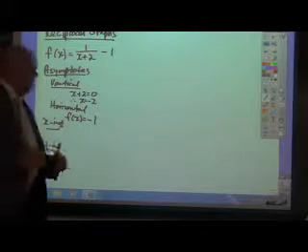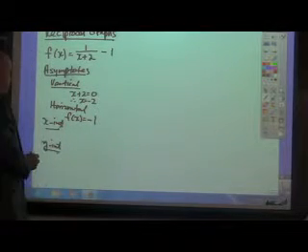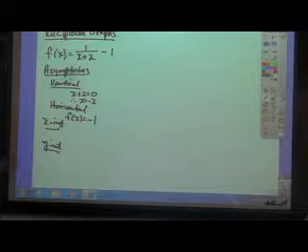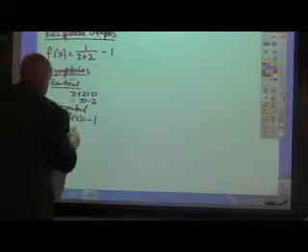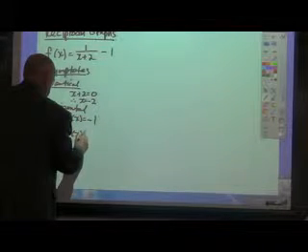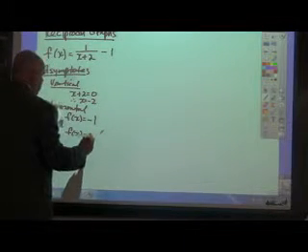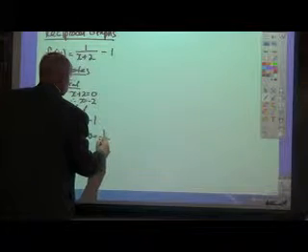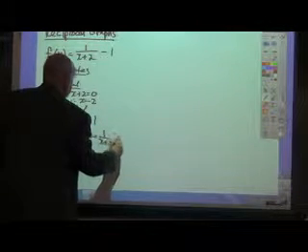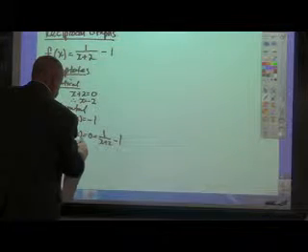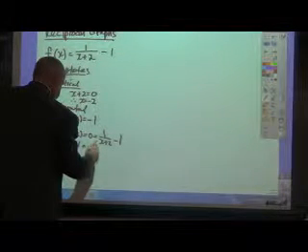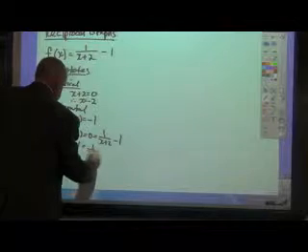Alright, now the x-intercept and the y-intercept, we use the same logic that we used for straight lines, for parabolas, for cubics, etc. The x-intercept will occur when y, or in this case f of x, equals 0. So that's going to occur when f of x equals 0, which is going to equal 1 over x plus 2 minus 1. First job here is to add 1 to both sides. 1 equals 1 over x plus 2.